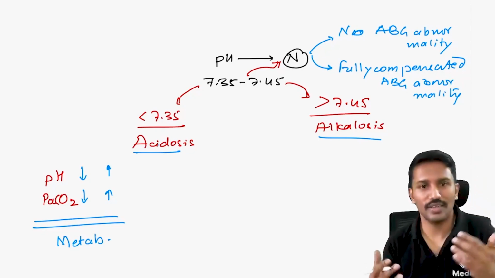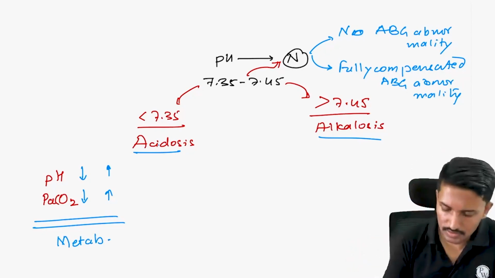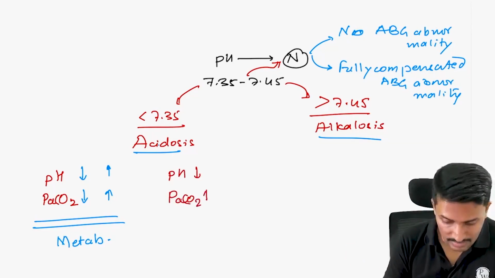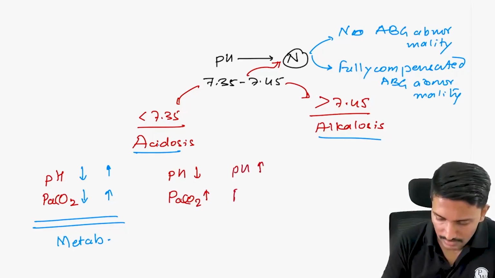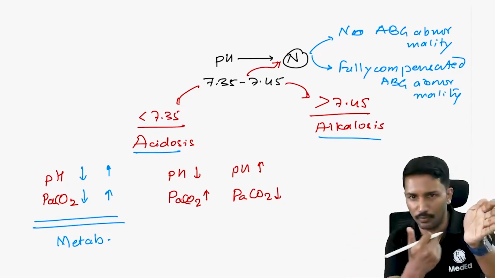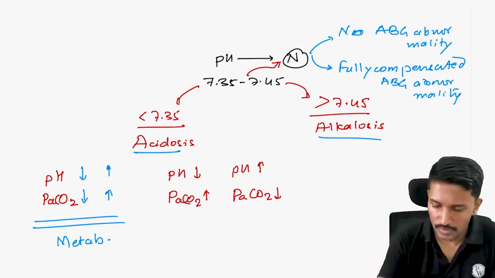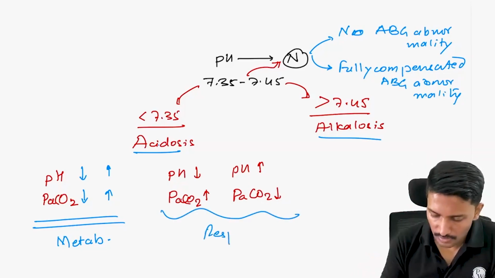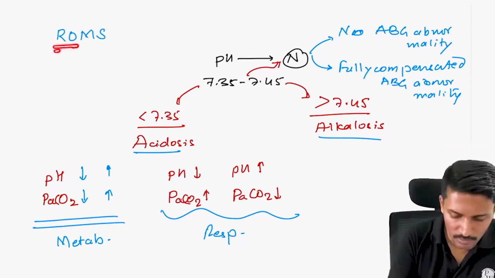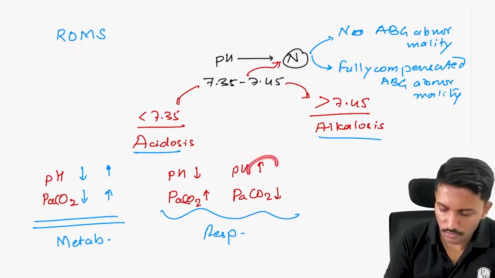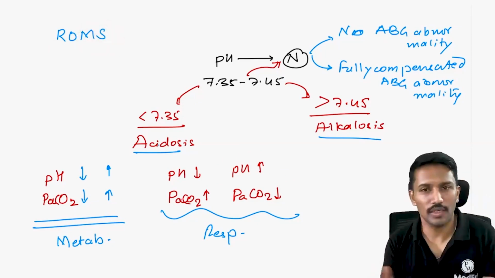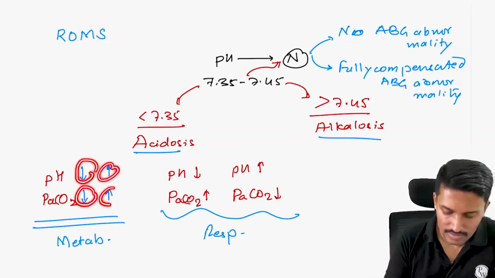And if you notice that pH and PaCO2 are following the opposite direction, in the sense when pH is decreasing and PaCO2 is increasing, or when pH is increasing and PaCO2 is decreasing, they are not following the same direction, then it is usually a respiratory abnormality. You can remember this with the mnemonic ROMS. ROMS stands for respiratory opposite, pH and PaCO2 following the opposite direction, and MS stands for metabolic same. Metabolic, in the same direction.